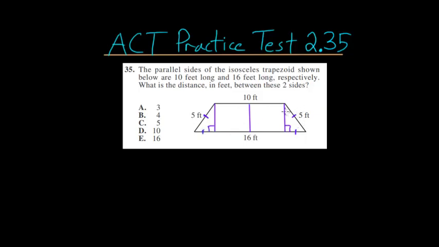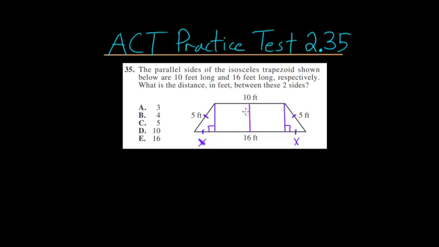And since this is a symmetric figure, if we know that the total length here is 16 feet, and we know that this length up here is 10 feet, that means that between the two, there's a difference of 6 feet. So this length here, I'll call this x, and this would be the same length as well because of the symmetry. Then these two lengths, x and x, would have to make up that excess 6 feet.